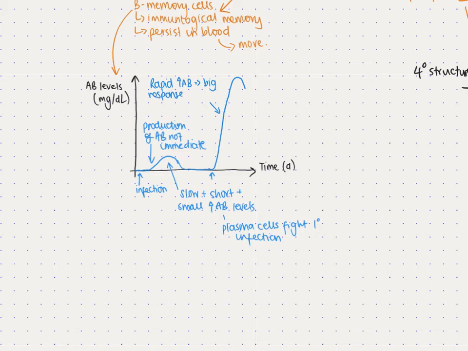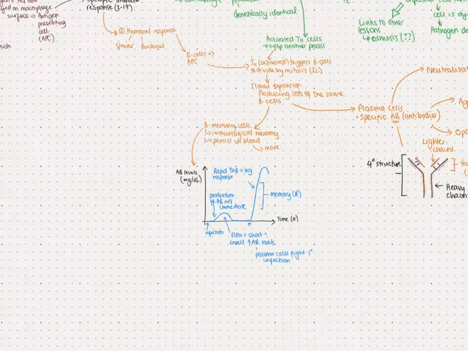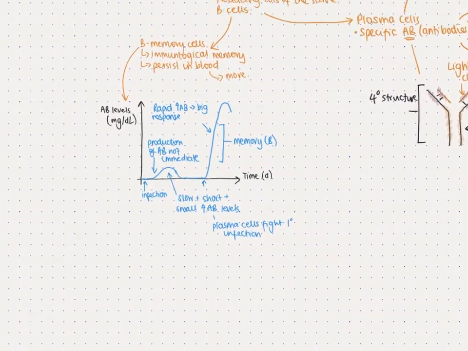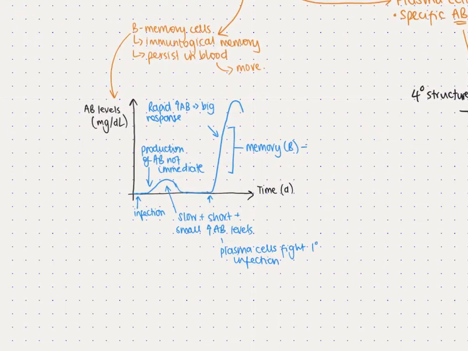And this is because over time, those memory cells, the B memory cells, are able to very quickly ignore all of that stuff that's happened before, and all they've got to do is trigger the production of plasma cells very quickly.